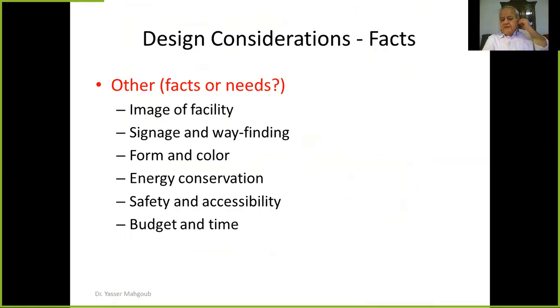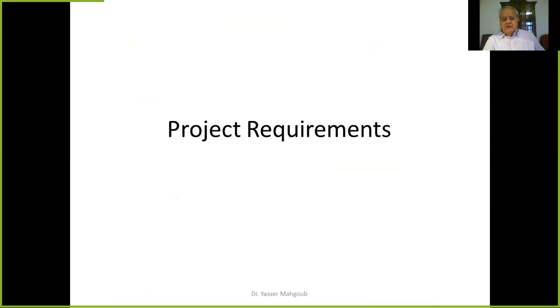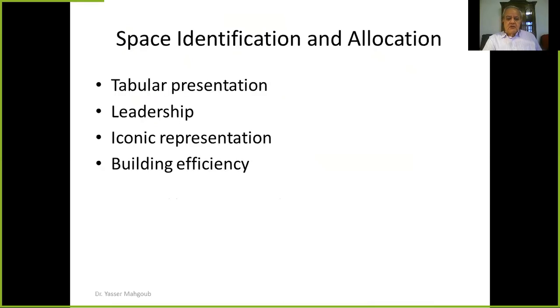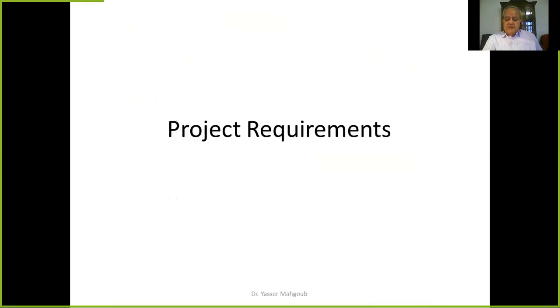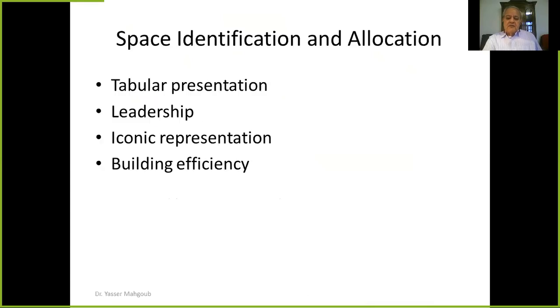There are many other factors that you can think about: the image, the signage and wayfinding requirements, surveillance, safety, form and color, energy. All these are part of the program.